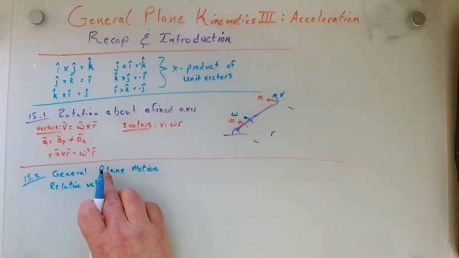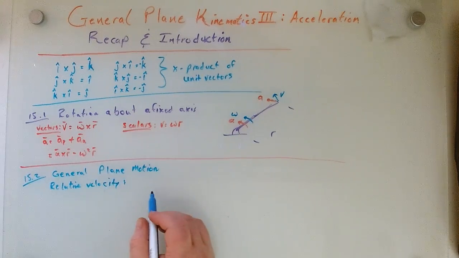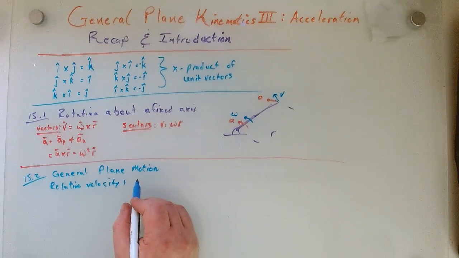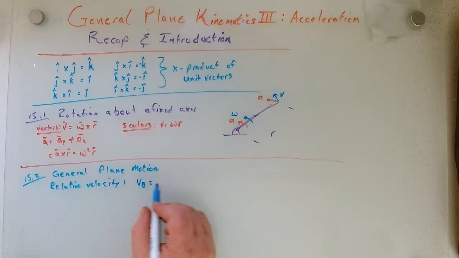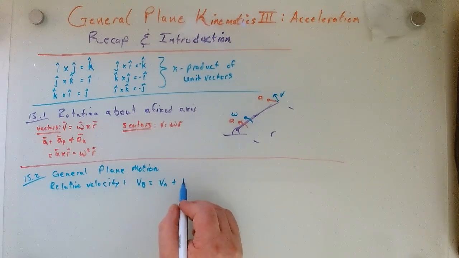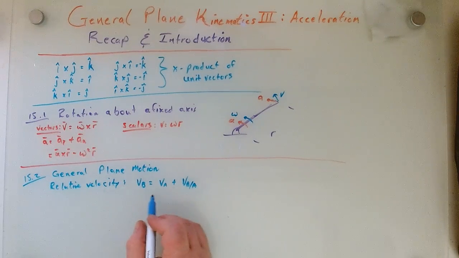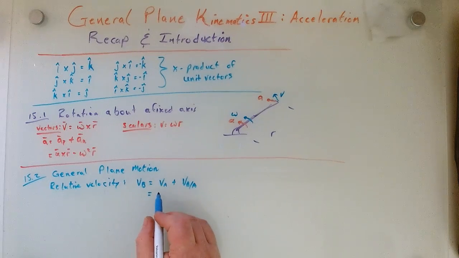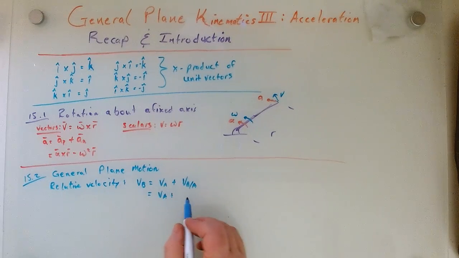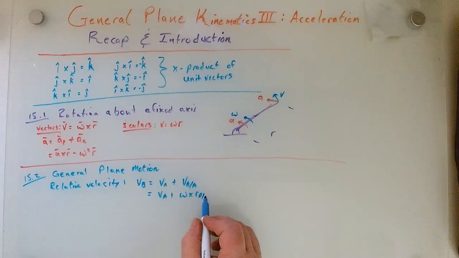That was vB is equal to vA plus vB with respect to A. And this is also expressed as vA plus omega cross r, where this is rB with respect to A. These are the same thing.